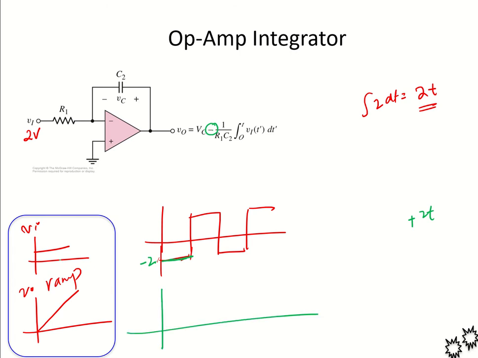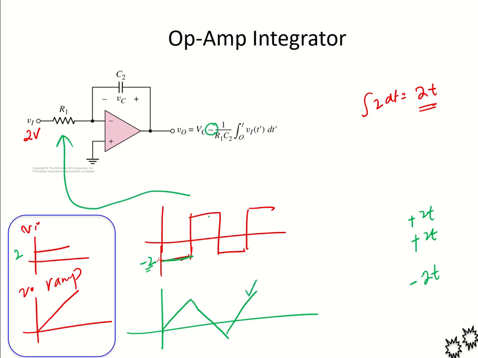So if this is plus 2, we should get the actual negative voltage. With minus 2, the integration will be minus 2t, and because of the negative sign it will become positive, so I will get a ramp like this one. If I have a positive signal, it will be plus 2t, and because of the negative it will become minus 2t, so I will get a negative ramp like this. So if I input a square wave here, I can generate a triangular wave.